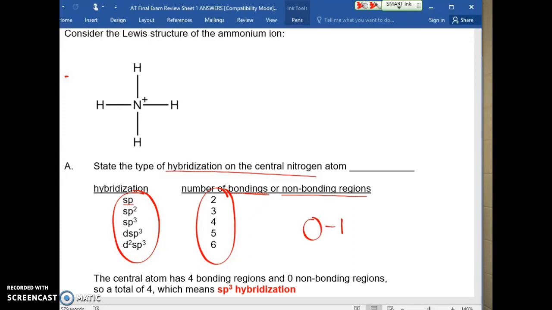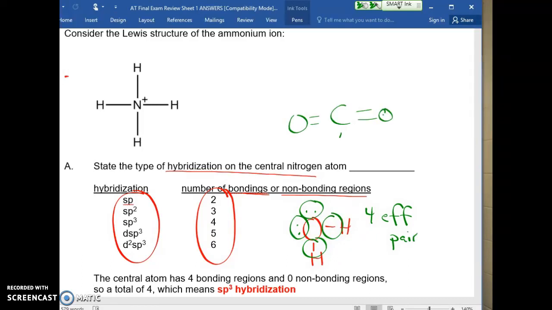For example, if we take H2O, H2O has 2 bonding domains and 2 non-bonding domains, so there's a total of 4 effective pairs. Compare that to something like CO2. If I look at the carbon, it has 2 bonding domains.